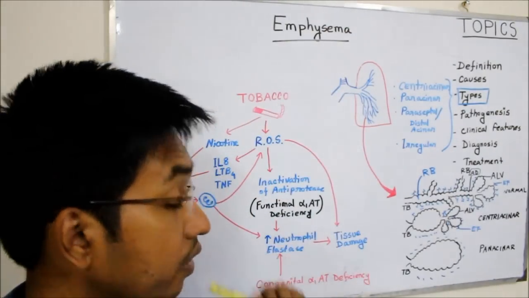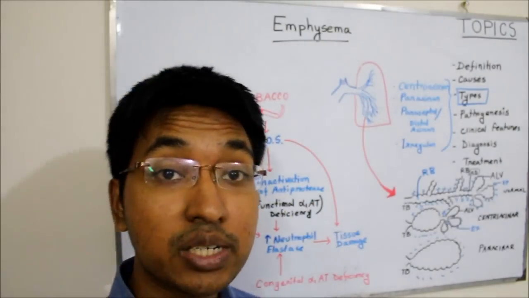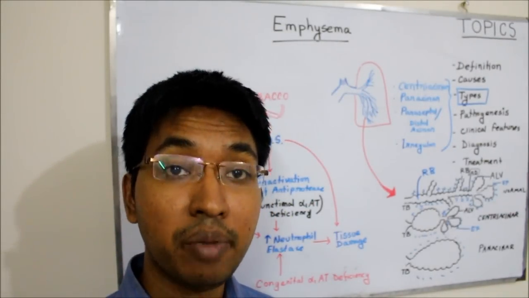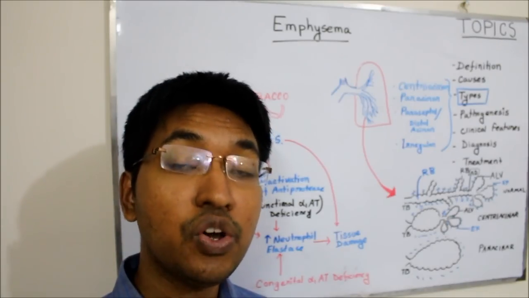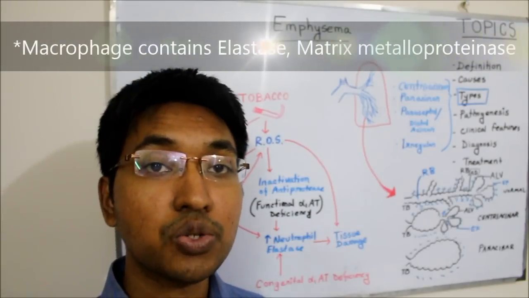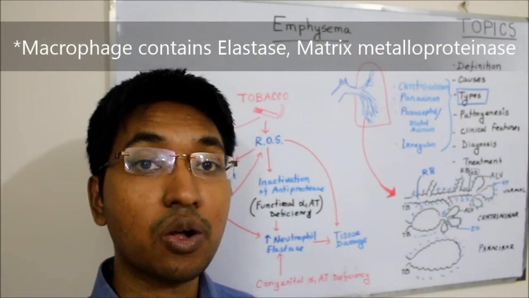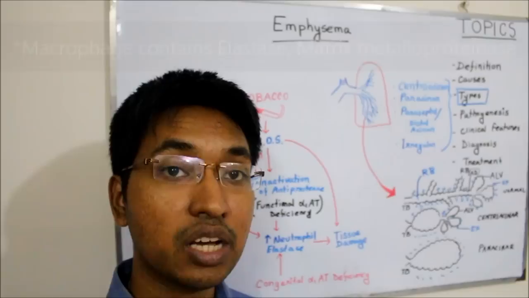Not shown in the diagram, but you also have to know one more thing, that smoking also activates alveolar macrophages, and alveolar macrophages also contain elastase, and they also contain metalloprotease, and they can also damage the elastic tissue.